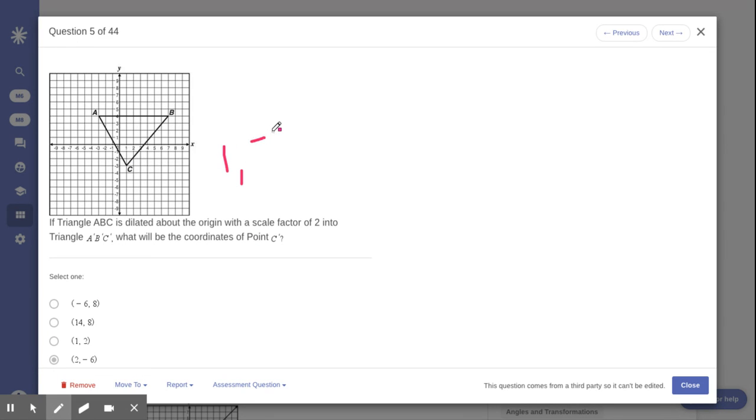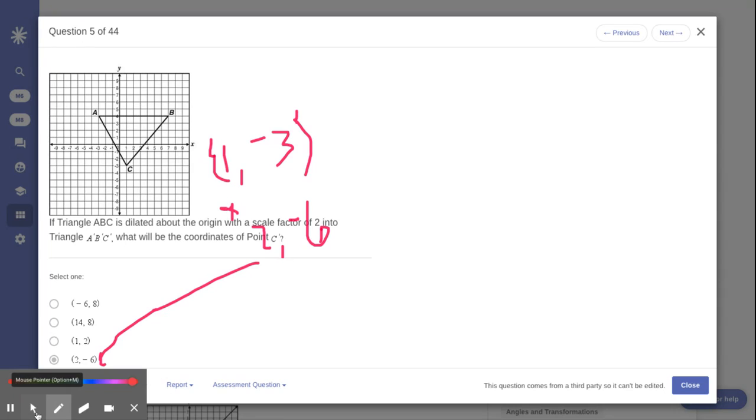This is 1, -3. There's my parentheses. It's hard doing this because there's 1, -3. So if I multiply all this by 2, that becomes 2, -6. Boom. There it is, right there.